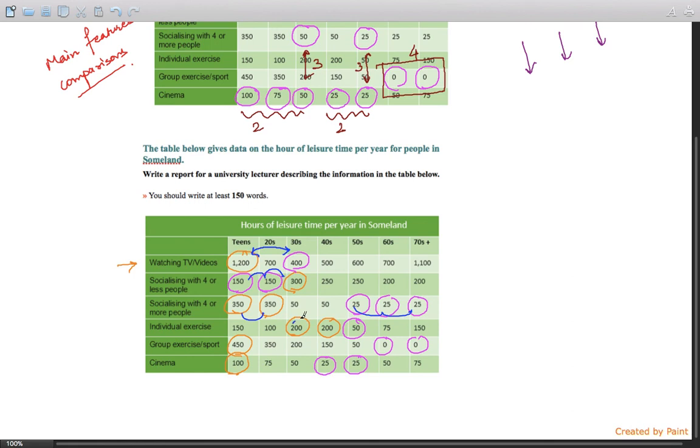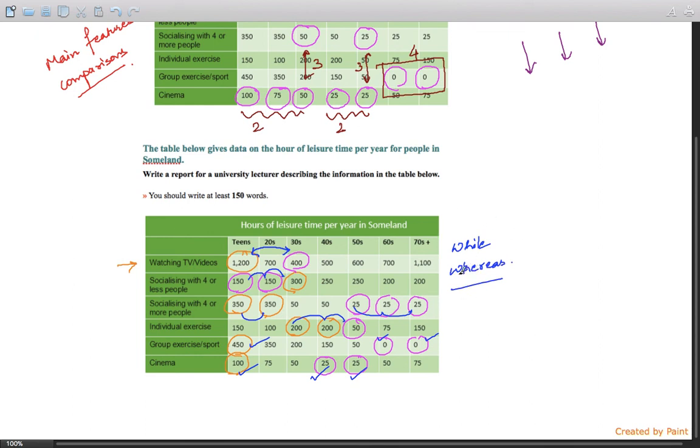Then the fourth sentence, these three elements. The fifth sentence, 1, 2, 3, and finally the sentence on cinema should include three elements. Now here you just have to talk about the maximum and minimum using constructions such as while, whereas, etc.